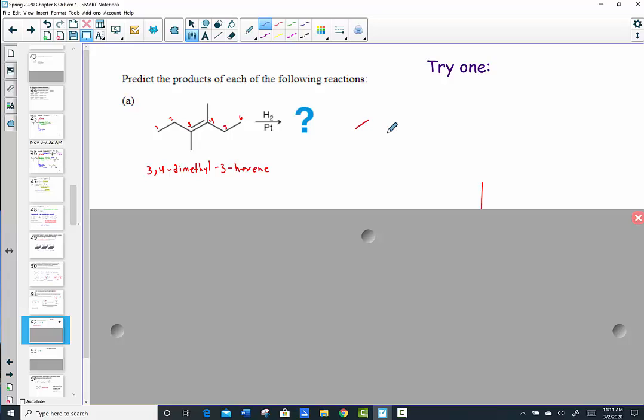I'll create 1, 2, 3, 4, 5, 6. There is my backbone, at carbon 3, and at carbon 4 there is a methyl group.